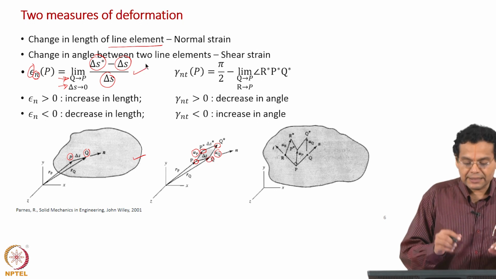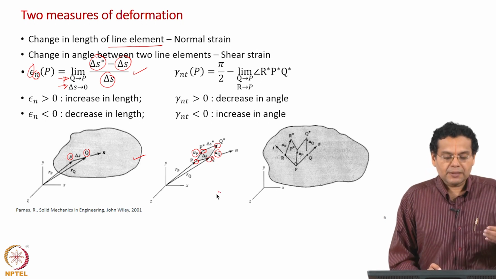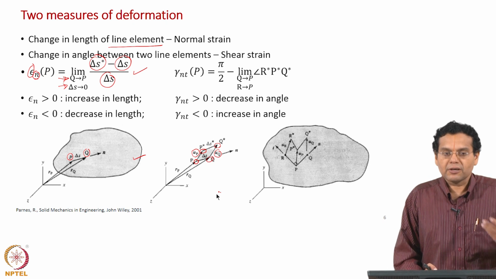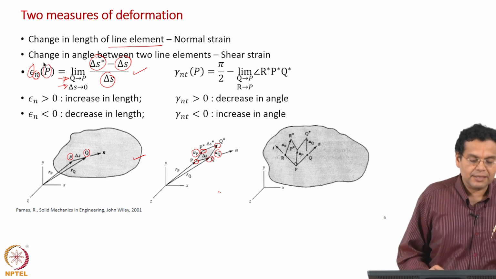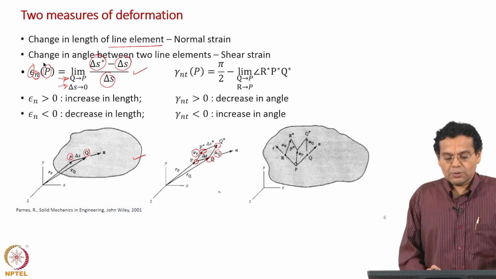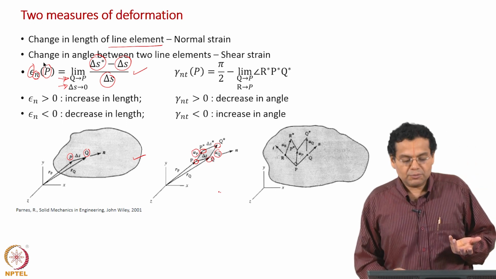Same definition, but in the limit. What does it mean? You have just P here and Q here very near to each other, and then this becomes the definition of normal strain, which is why within brackets I have written at P. So, what does this definition tell you? Normal strain at P, and of course, you require a little more imagination.